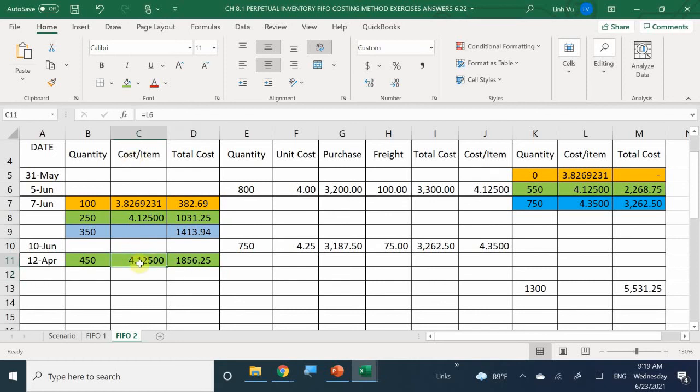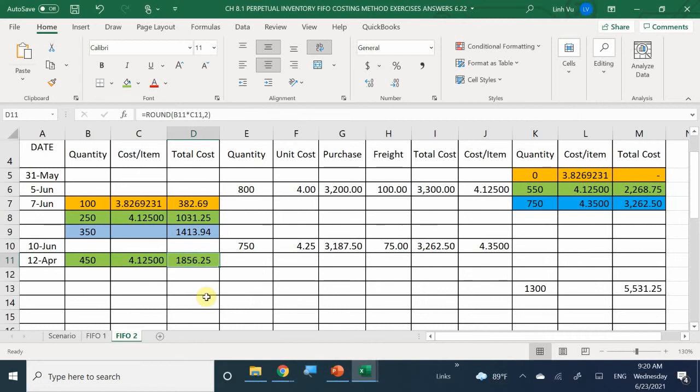We're not rounding the 4.12 and a half up to 4.13, no. We're only rounding the total cost. So 1,856.25.